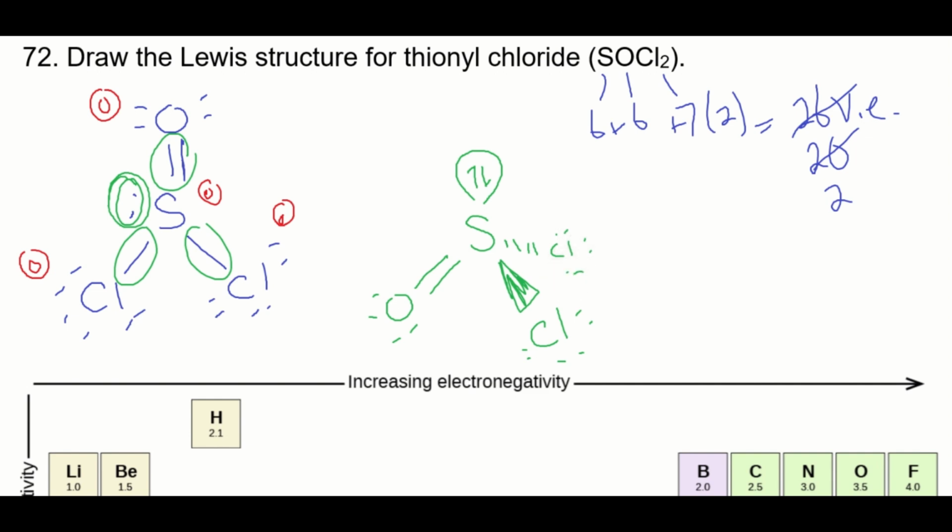Here's your triangular base, and then they all go up there. There's your triangle base pyramid. So we call this trigonal pyramidal, or pyramidal.